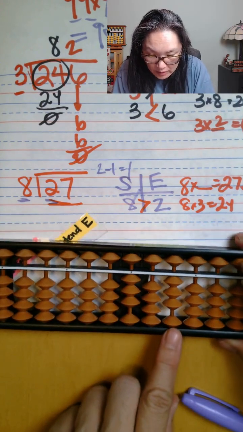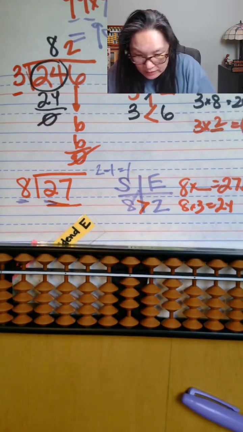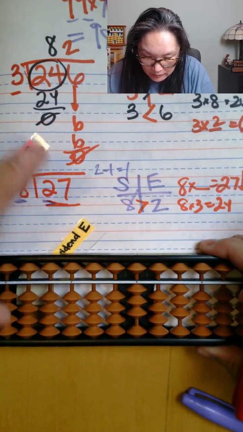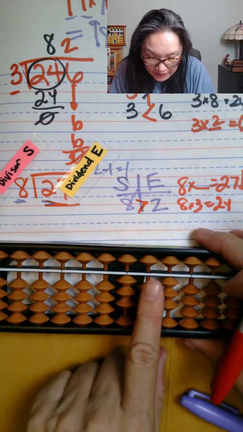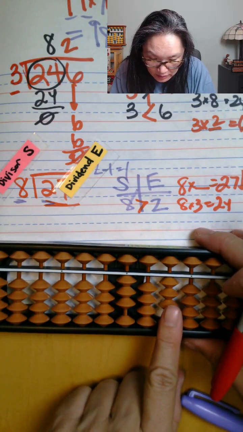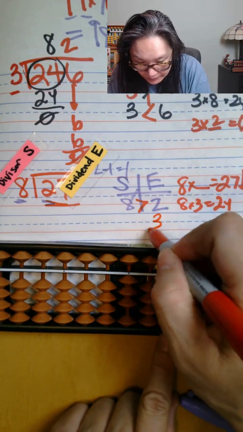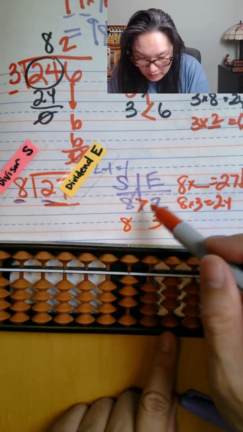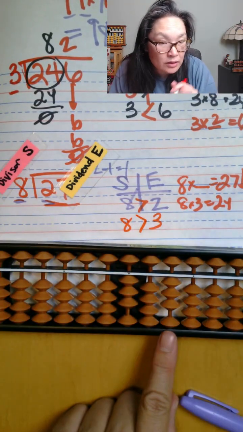So who's bigger? My dividend is 3. My divisor is 8. My divisor is still bigger.